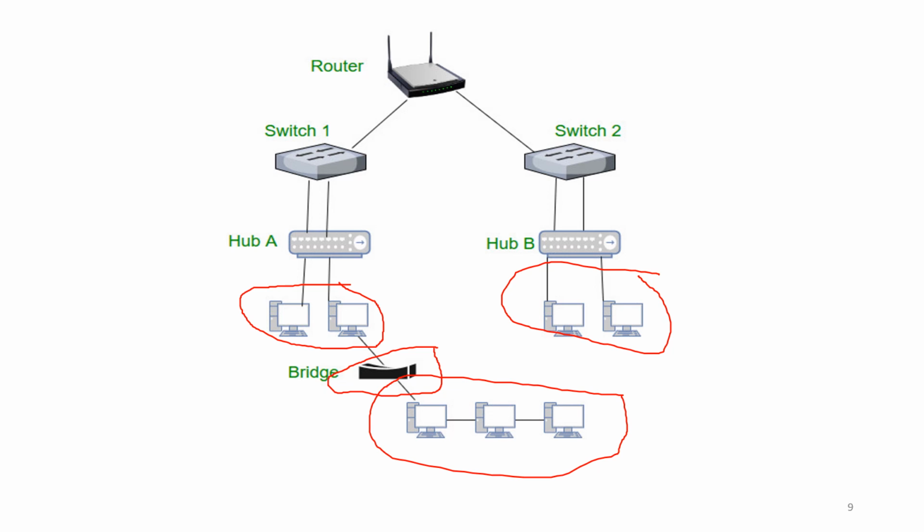If this node wants to send data to this node, then that packet will not be received by these three nodes in the other network. That means the data just traverses within this network and does not come to the other network. By reducing that frame flow, we can avoid collisions. So this is the device usage in a network.